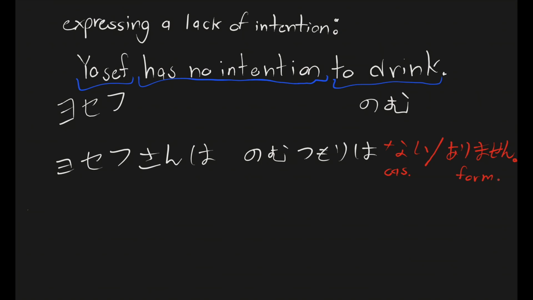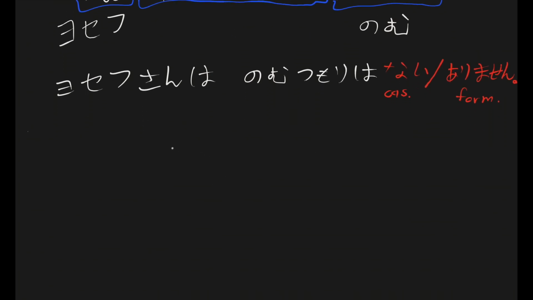So let's flesh out the way of saying a lack of intention. What you do, let's just go down a bit. If you have tsumori, you add a wa, so tsumori wa, and then for casual, nai. So whatever your sense is, tsumori wa nai.